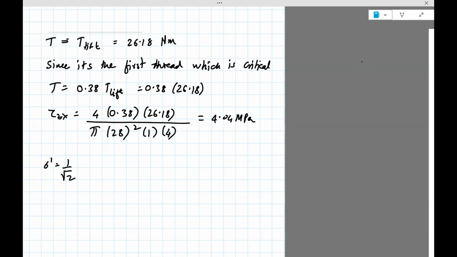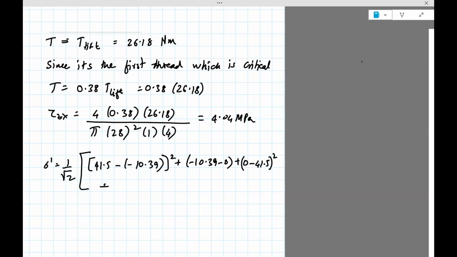So 1 divided by square root of 2, and I'm just going to substitute the values which I found: 41.5 minus minus 10.39 squared, plus minus 10.39 minus 0 plus 0 minus 41.5 squared, plus 6 times tau xy squared, which is 0, plus tau yz squared, which is 6.07 squared, and tau zx, which I just found, about 4.04 squared.